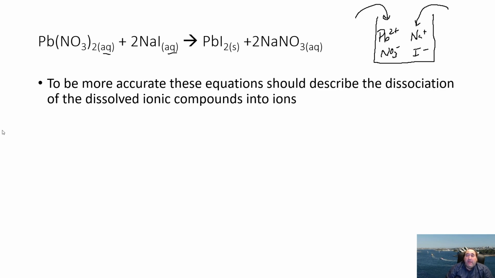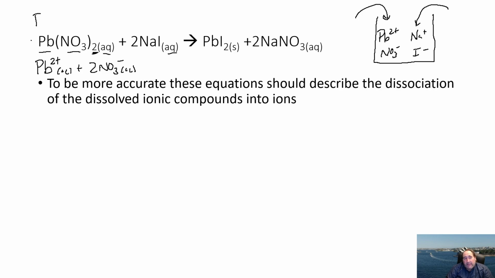So if we were to look at this, this is lead(II) nitrate. When this breaks apart, you will get a lead ion that has a 2+ charge. You will also get 2 of the nitrate ions, and that 2 that's here actually comes to the front.